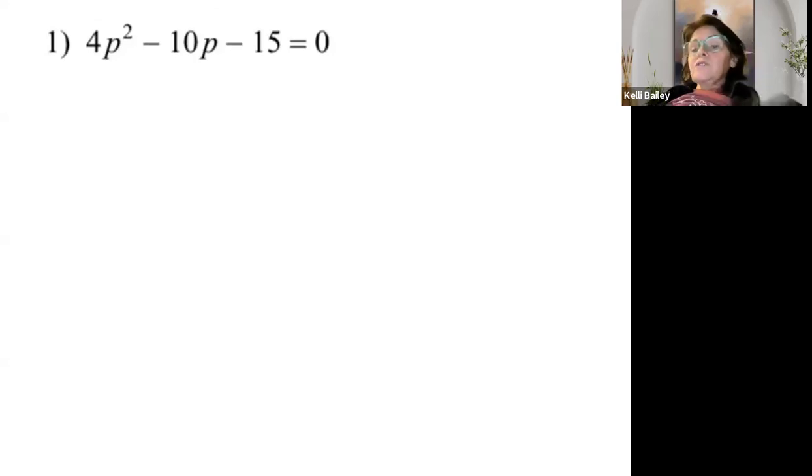So all we have to do is pick out a, b, and c. The coefficient of the variable that is squared, your quadratic variable, that is your a. So a equals 4. The coefficient of p is your b, and we include that minus.